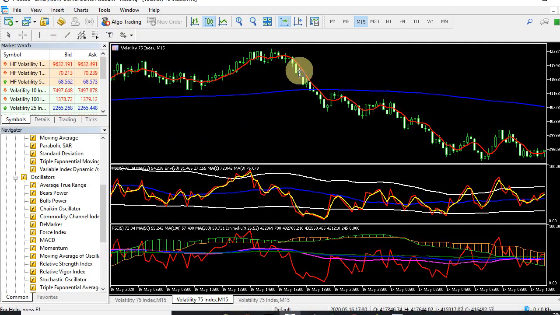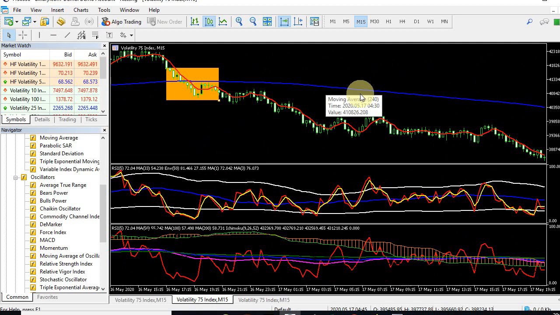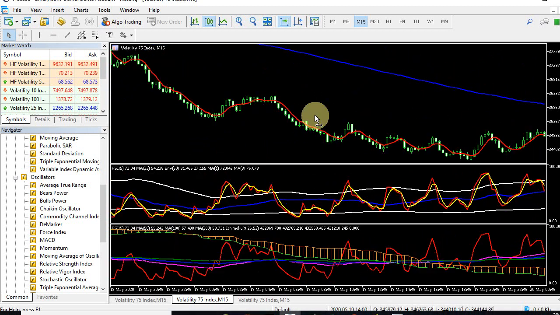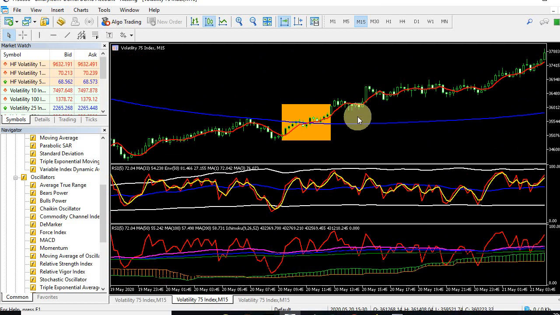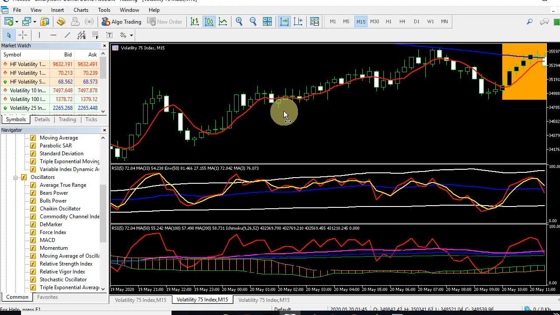You only look to sell. So whenever the 5 moving average period cross the 240 period, you either buy or sell. So that's that. If I zoom in, we also have the swing moments.